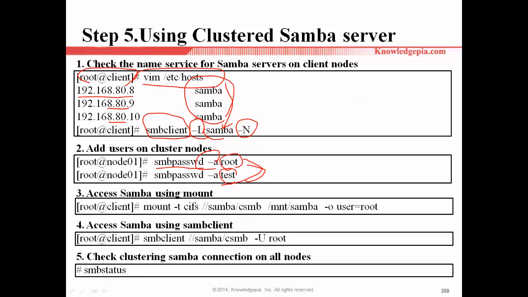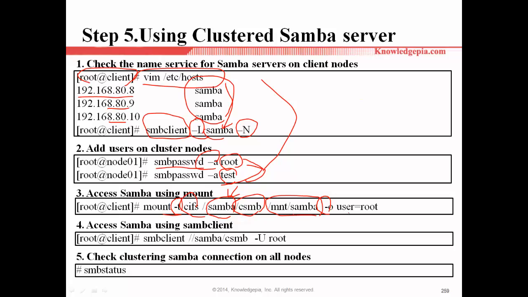Number 3, access Samba using mount. Now we are ready to use this Samba service. In the client system, create or mount, type CIFS and the Samba server host name or IP address, and CSMB is the sharing directory name. After that, /mnt/samba is a local directory.